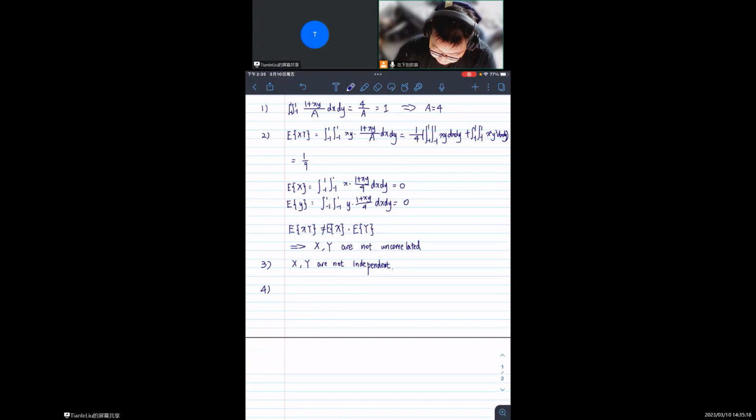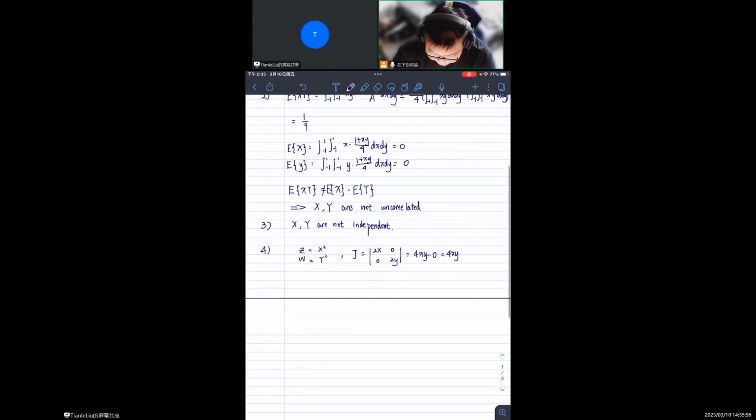Based on the lecture and the clue, it seems we need to make an assumption for Z and W. We make Z as X squared, and W as Y squared, and we need to find the Jacobian, which is like this. It's 4xy minus 0, which is 4xy. This is the Jacobian.